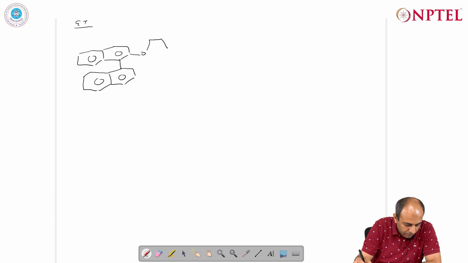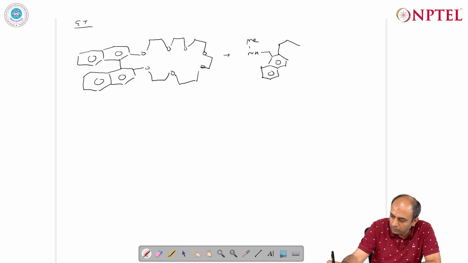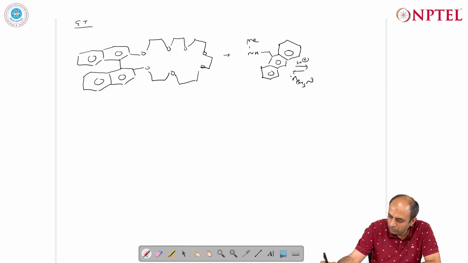Where we consider, okay, and here when we interact with binaphthyl, this is an anthracenyl moiety, then in the presence of an acid and in the presence of a base.